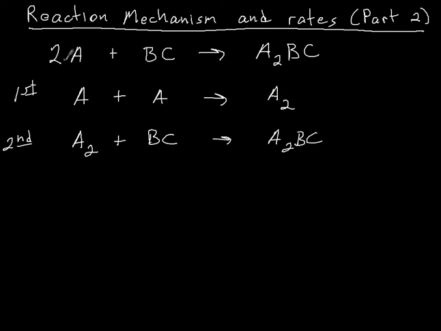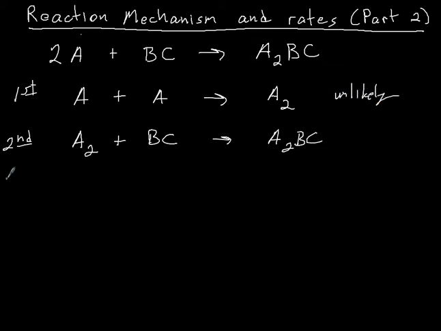Does that make sense? A2, A sub 2, is not likely to be a particle, because our reactants are not A2s, they're individual A atoms. So I think this is probably an unlikely scenario.